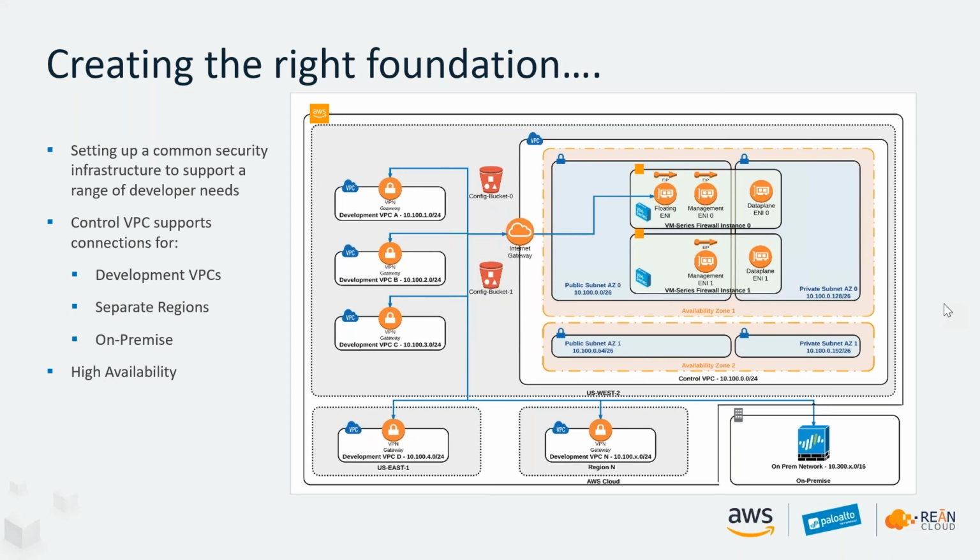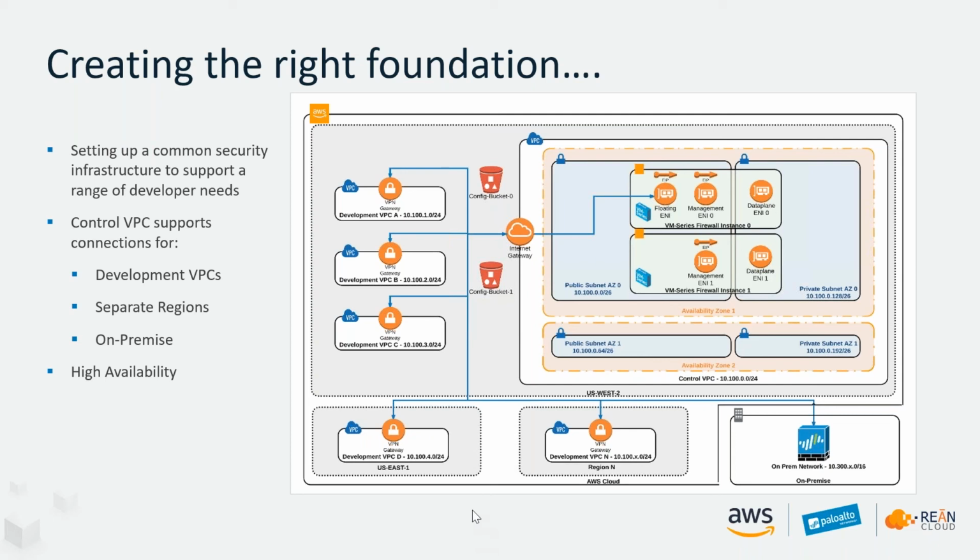And then hanging off of that, on the left-hand side and working our way around, are the individual developer VPCs that they were able to create. This is a skinny down snapshot of that. But you've got individual developer VPCs on the left side in one region, and then also additional developer VPCs in separate regions.